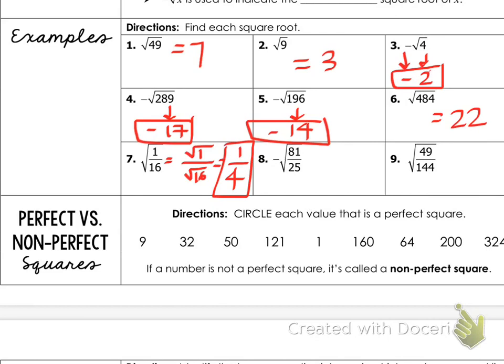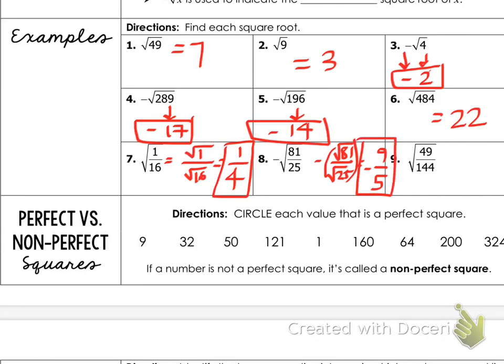All right, this one says the opposite of the square root of 81 25ths. So we want to do the opposite of the square root of 81 and the square root of 25. All right, so we know that square root of 81 is 9, square root of 25 is 5, and the opposite of that is negative.